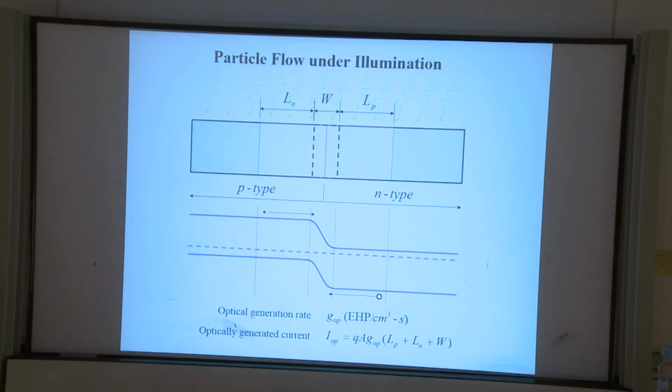If the light has higher energy than the band gap, it will create a hole at the bottom and an electron at the top. Then in this Ln plus W plus Lp region, these electrons and holes will, within their lifetime, be safely transported to the other side. All right?